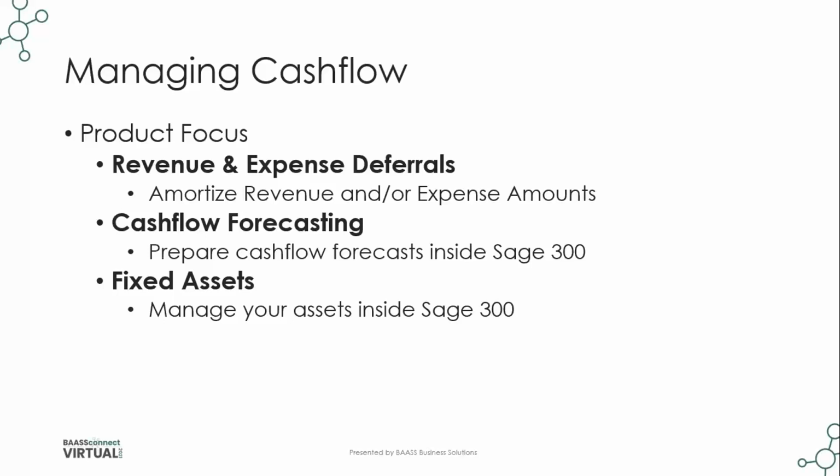With the cash flow forecasting module, you have access to your data that is already in Sage 300, and it provides you with a window, what we call a management console, that gives you a bird's eye view of your cash flow and where you may have potential pitfalls that need to be addressed.